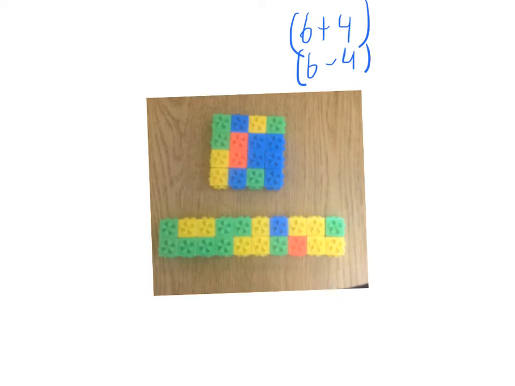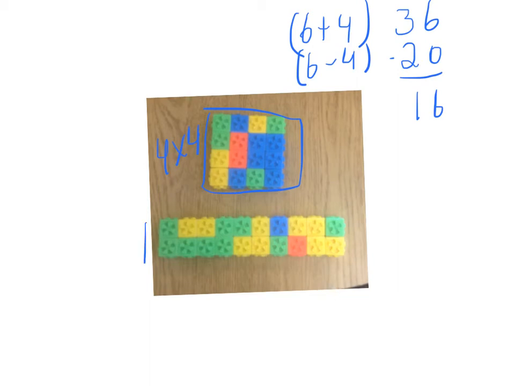Our area once was 36, and now it is a mere 20. So 36 take away 20 is 16. We've lost 16, and here you see how many squares we lost. We've lost 4 by 4 of the squares. So the doggy's lost 16, almost half, just by moving away from the square towards this long, skinny rectangle.